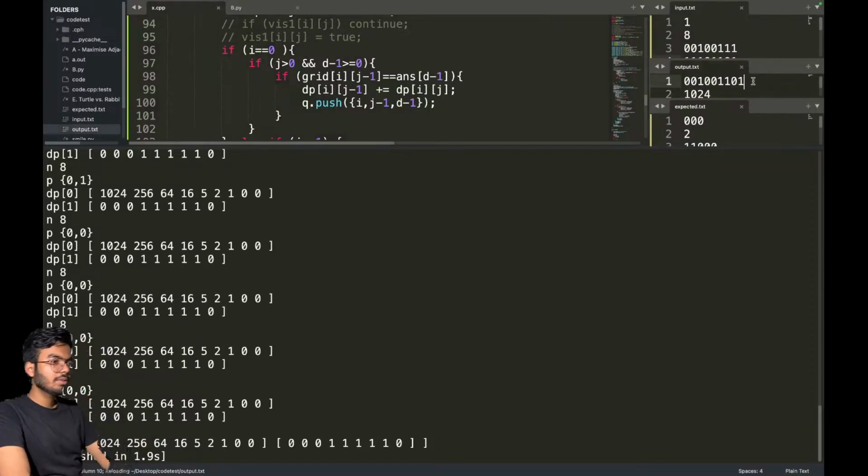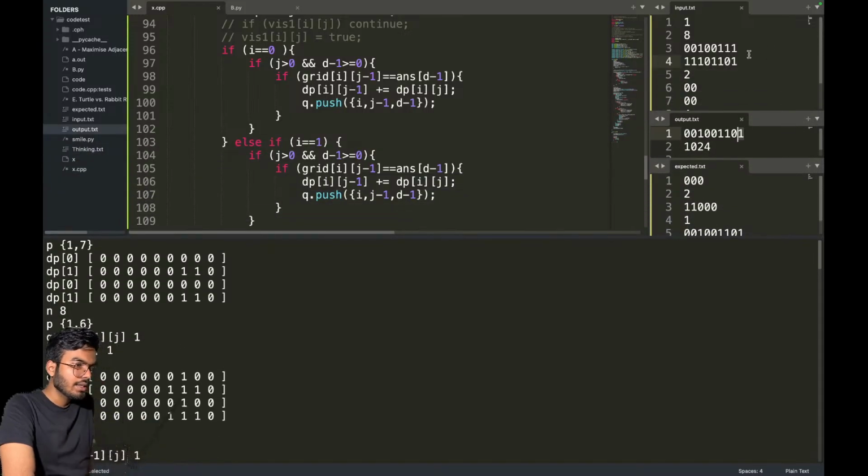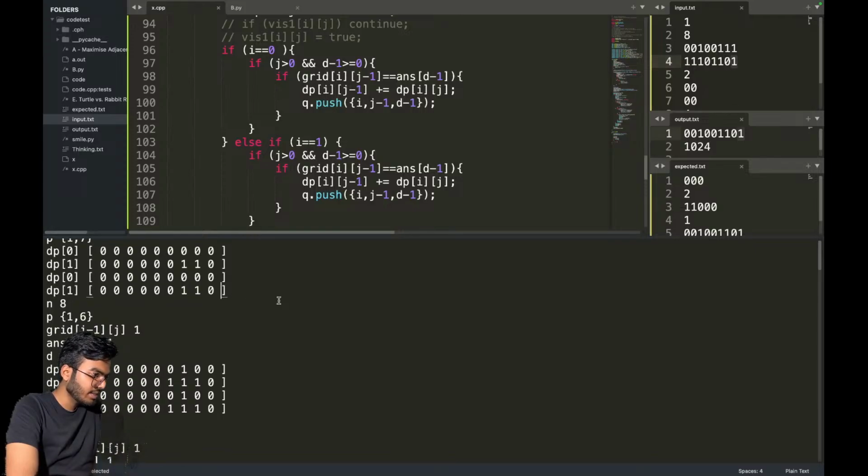Okay, so the answer should be this. Like, if I'm at 1 comma 7, I must check that. If I'm at here, then I can only go left. So I will go left side. Because this is correct, yeah.